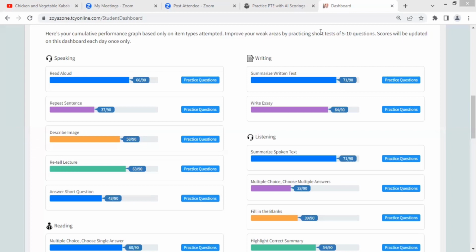From the first question, read aloud only requires 3 things. First one is pronunciation. Second one is fluency. Third one is content. Content will be there in front of us. Don't worry about the content, because the content is already written on your screen. I just need to open it.